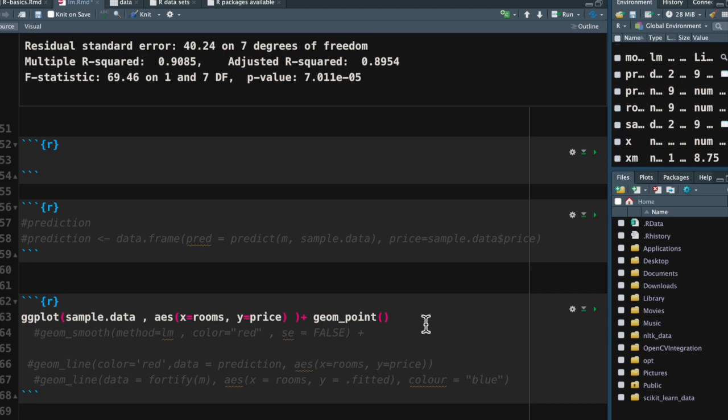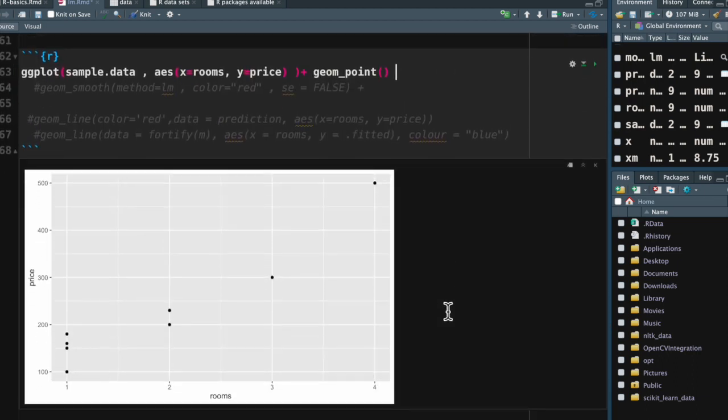In this video, just try to understand it like that. Use ggplot on this data, and on x-axis supply rooms, and on y-axis supply price in form of geometrical points. So eventually this will create a scatter plot. Let me run it. Yeah, this is the scatter plot it has created.